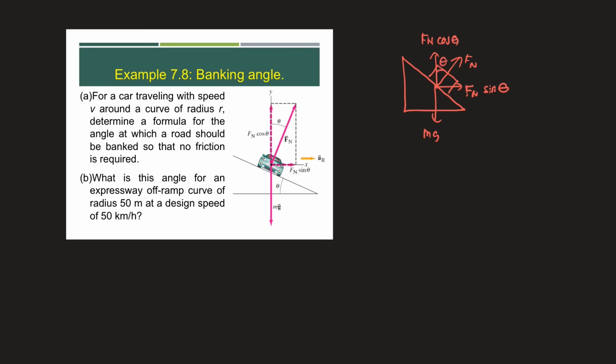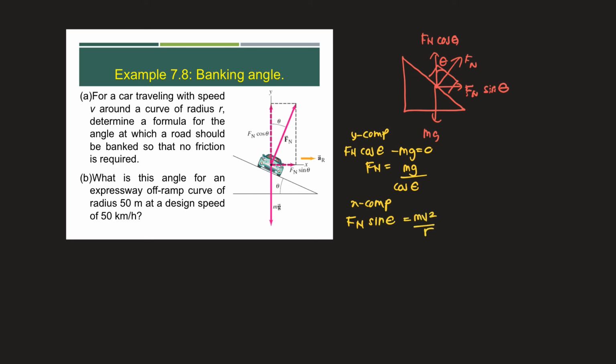Okay, so the question asks you to find theta, right? Determine the formula for the angle. So it's going to be Fn cos theta minus mg equals 0. This is for the y component. So you put Fn as your subject, which is Fn equals mg over cos theta. And then you come up with the x component, which is going to be Fn sine theta equals mv squared over r.